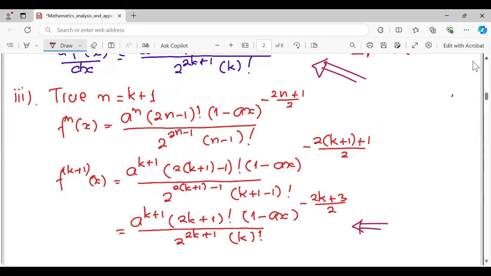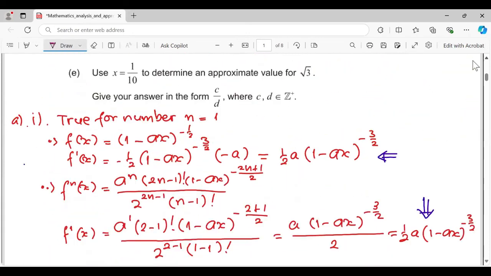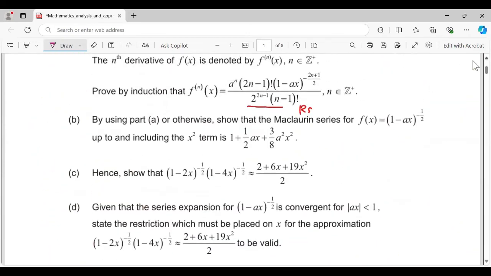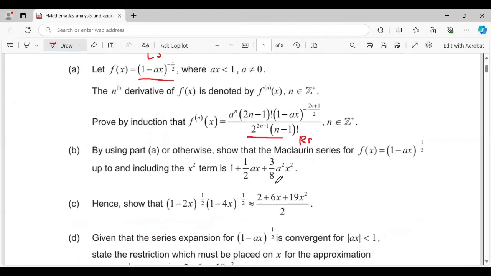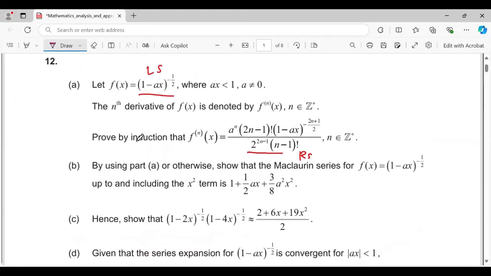So now proof by induction that f power n x equals a power n times 2n minus 1 factorials, 1 minus ax power minus 2n plus 1 over 2, over 2 power 2n minus 1 times n minus 1 factorials.